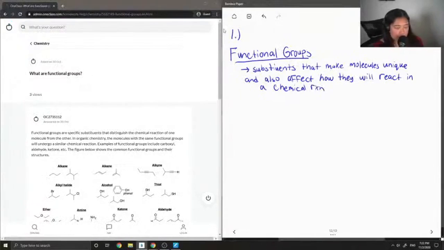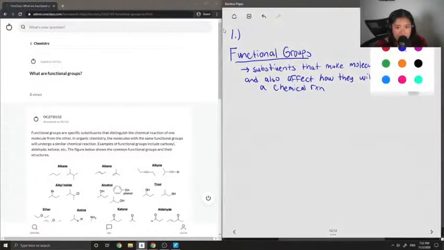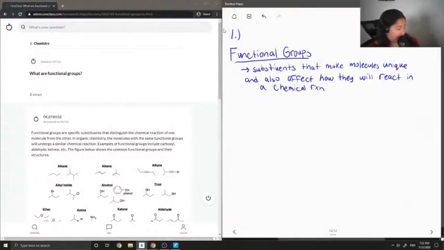So there's a lot of different functional groups. I'm just going to get started and write down all of the main ones. The most basic one in organic chemistry is just called an alkane bond, and this just represents a single bond between two carbon atoms.